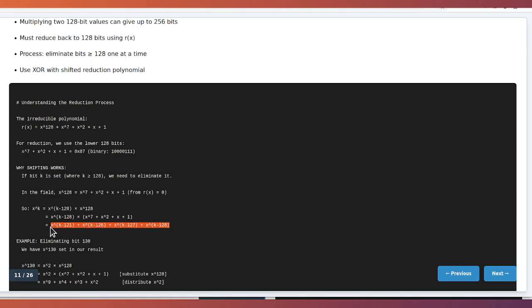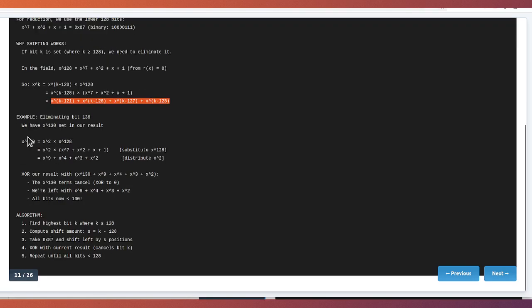Let's see a concrete example. Suppose we need to eliminate bit 130. We have x to the 130th set in our result. Now x to the 130th equals x squared times x to the 128th. By substituting x to the 128th with x to the 7th plus x squared plus x plus 1, we get x squared times the quantity x to the 7th plus x squared plus x plus 1.